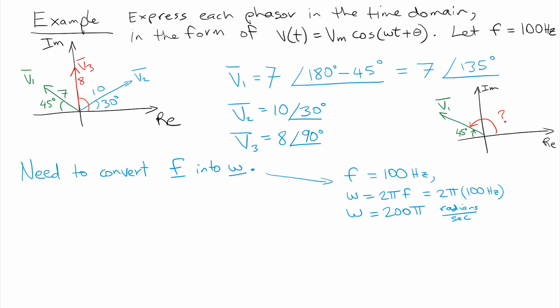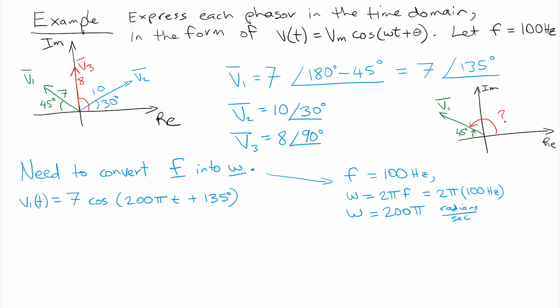How we do that is by using our equation, omega is equal to 2 pi f, and in our case, f is 100 Hertz, so we just plug that in, and we get 200 pi radians per second as our omega.